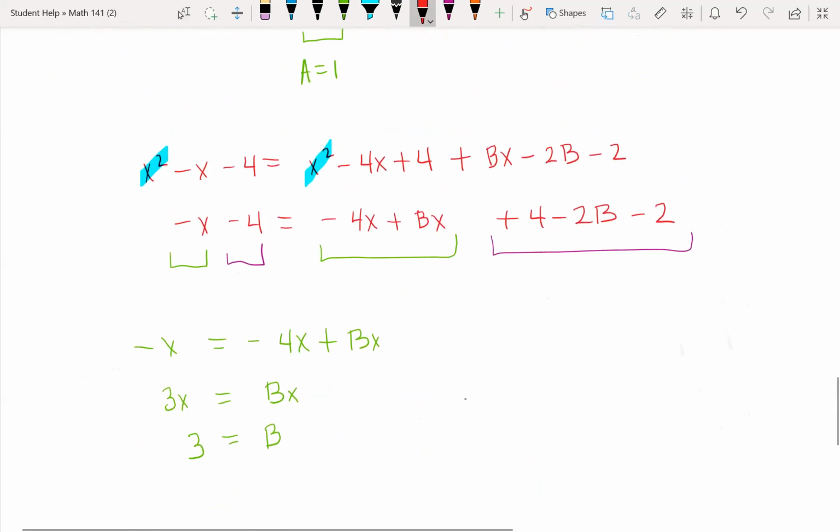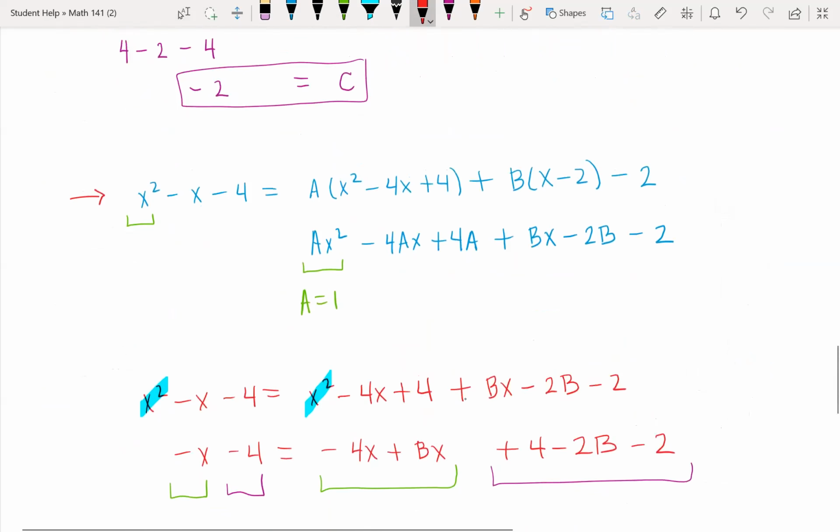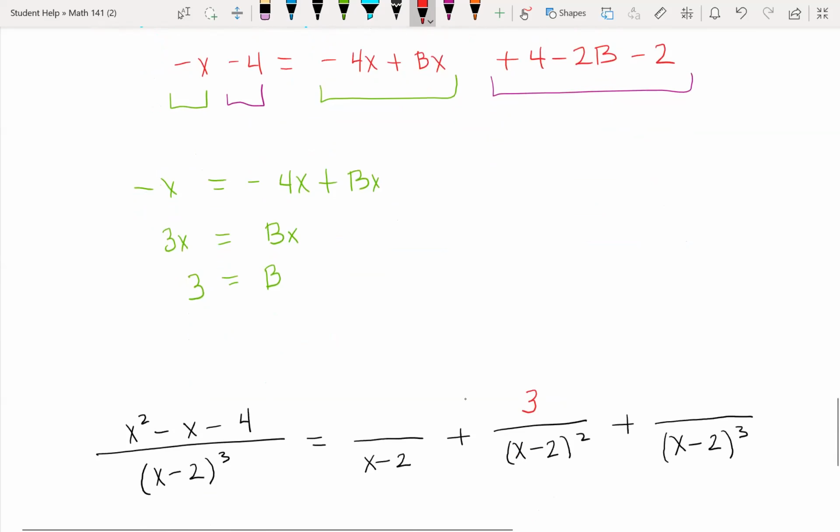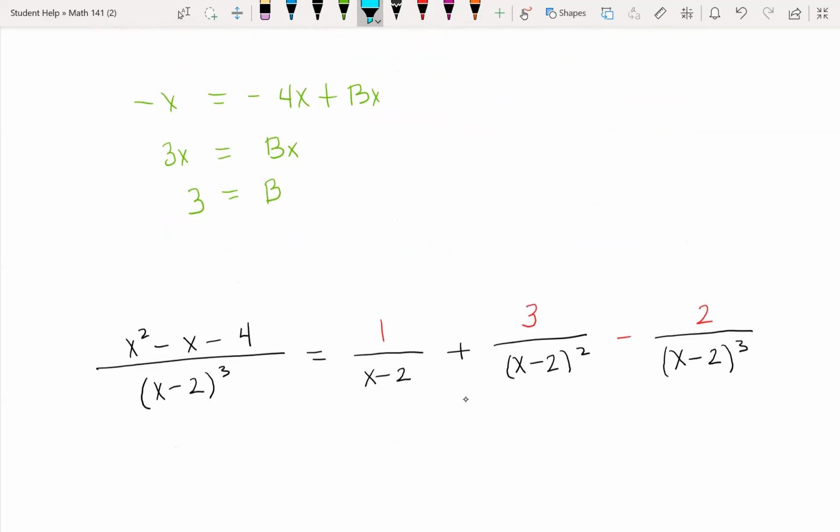We said that C was negative 2. And A was equal to 1. So this is our partial fraction decomposition.